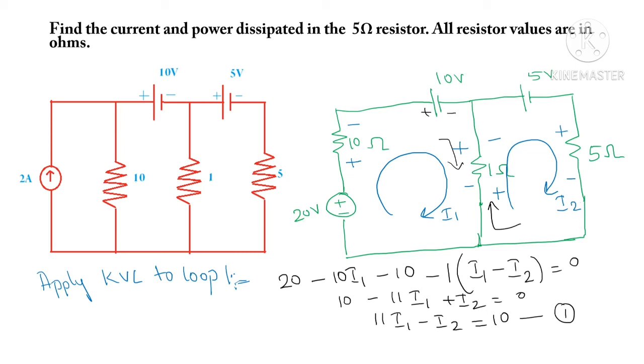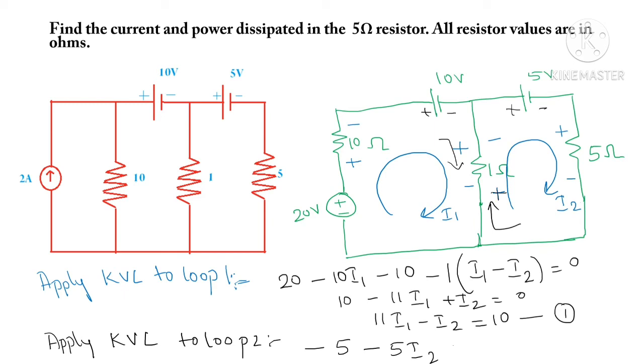Next, we apply KVL to this second loop. So what do we get? We'll start from this battery which is 5 volt. This is plus minus. So we have minus 5 minus 5 I2, and proceeding this way, the polarity here is plus and this is minus.